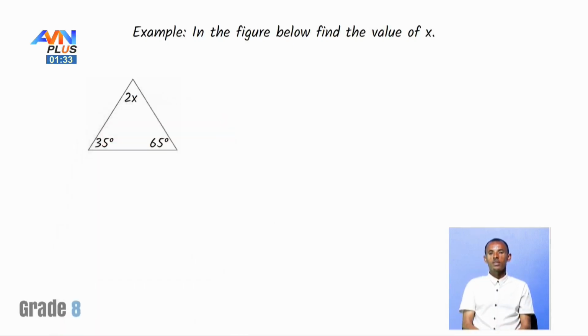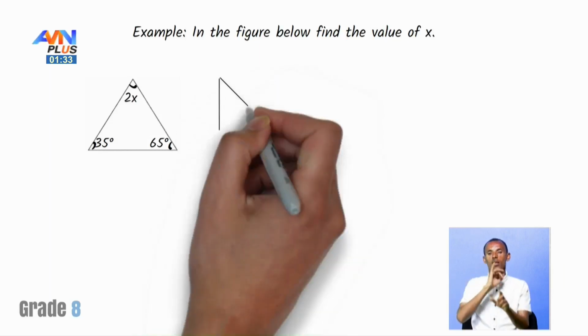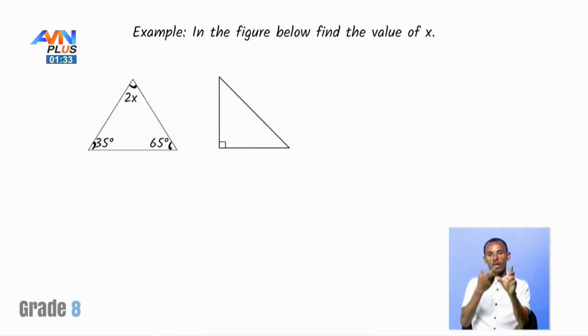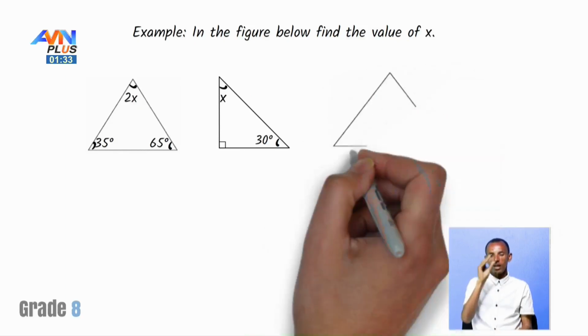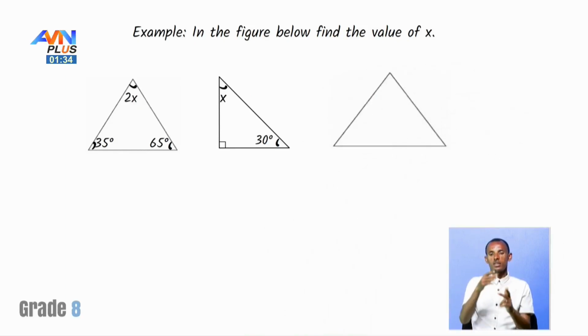The other triangle is a right triangle. Here, one angle is 30 degrees, and we don't know this angle, say this is x. The third one is a certain equilateral triangle with angle x degrees.